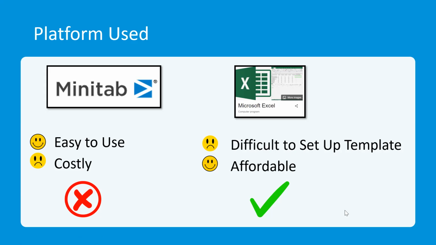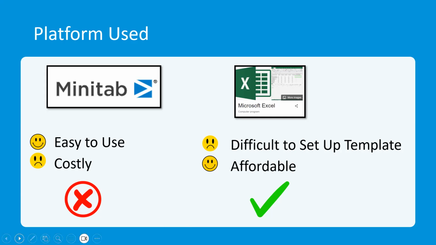I think they have a free version for 30 days, but after that, you need to pay. That's why I'm trying to design a module for Green Belt, because I have a client requesting one. I'm trying to tweak the slides because I intend not to use Minitab for the discussion.